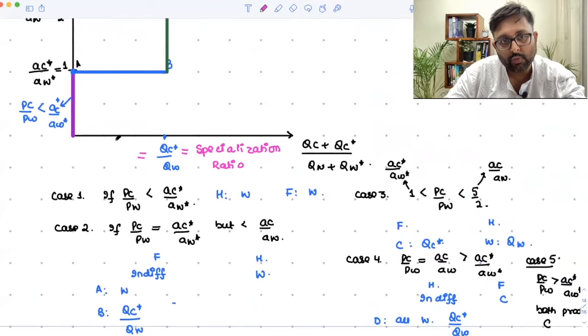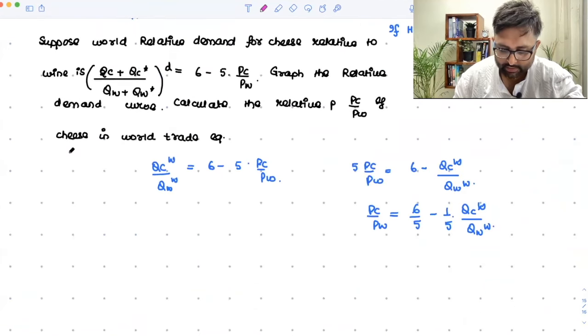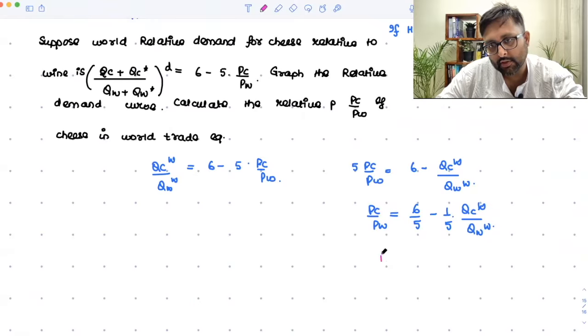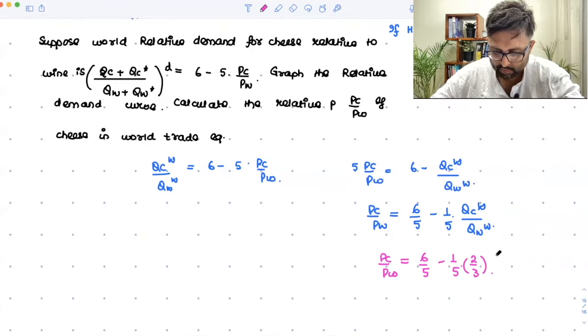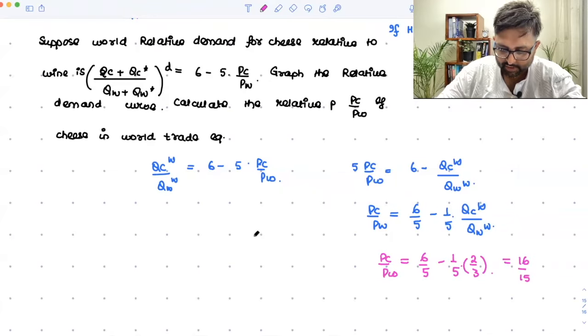So it is 100 by 3 upon 50, which is basically 2 by 3. So instead of QCW upon QWW, I'll substitute this 2 by 3, and once I calculate this, it will come out to be 16 by 15.